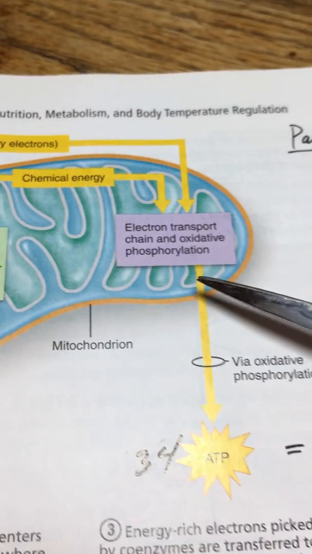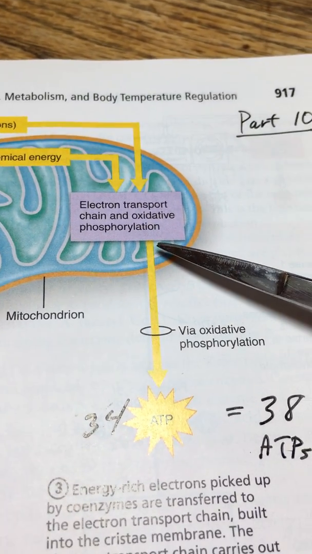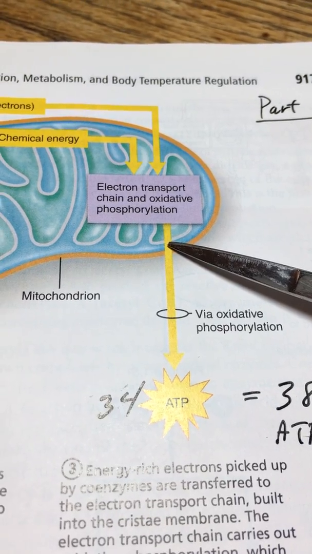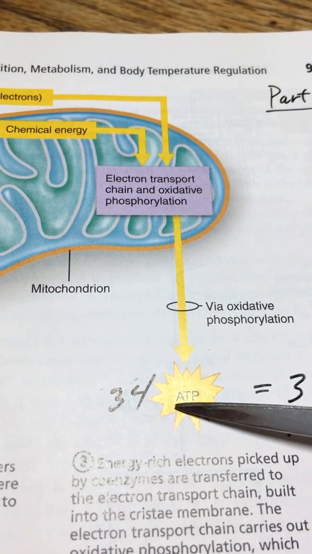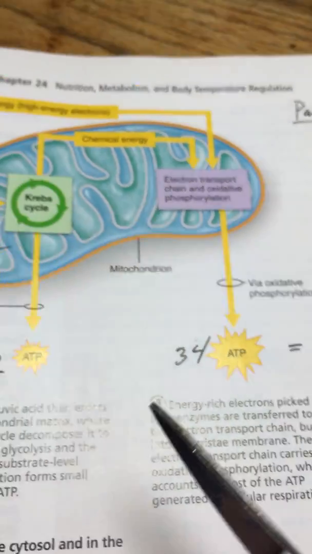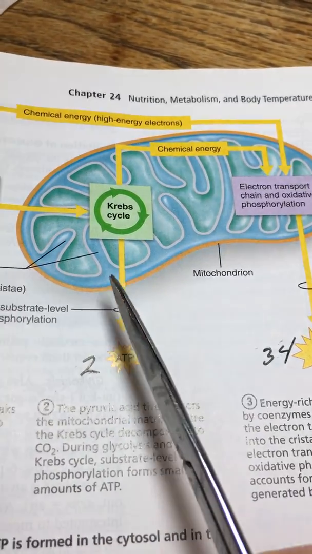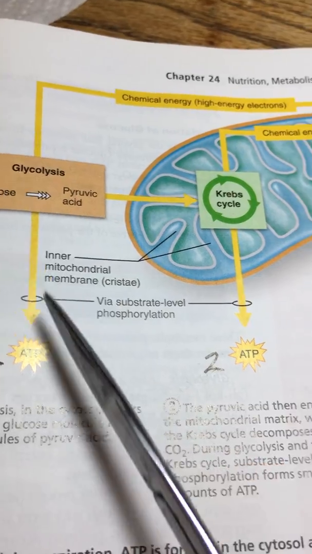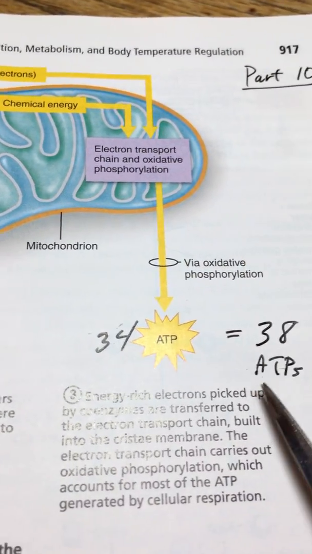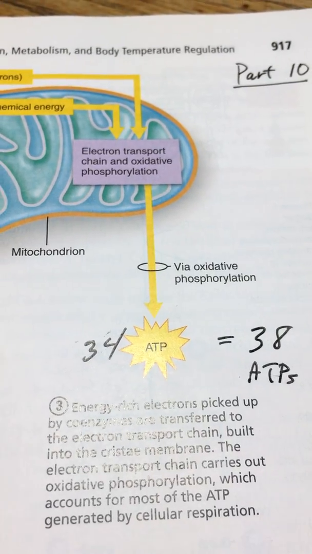We'll talk about how that mechanism works. There's a special channel that synthesizes ATP. And we get 34 more ATPs right here, so that's a total of 38. So 2 from glycolysis, 2 from Krebs cycle, 34 from oxidative phosphorylation, 38 total.